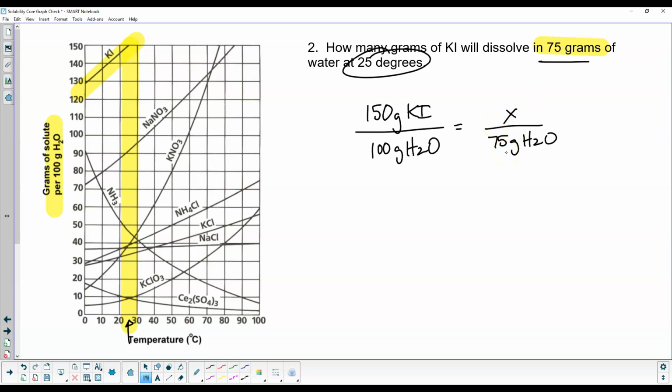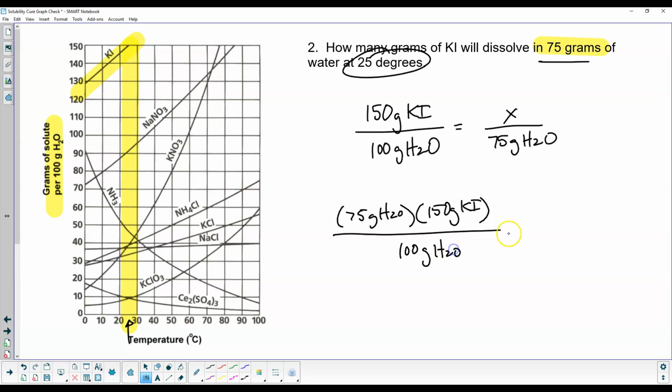To do this, you cross multiply. It looks like this: 75 grams of water times 150 grams of potassium iodide divided by 100 grams of water is going to give us our amount, X. Notice we have grams of water in the numerator and the denominator of our fraction, so you can cancel them. The unit you're left with is grams of potassium iodide, which is good because that's what we want to know.